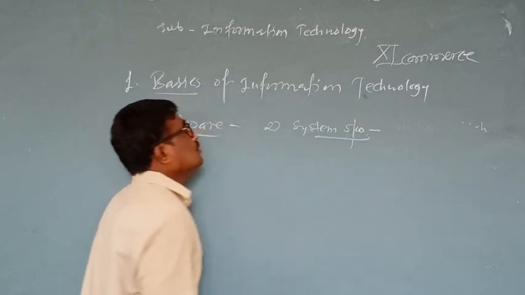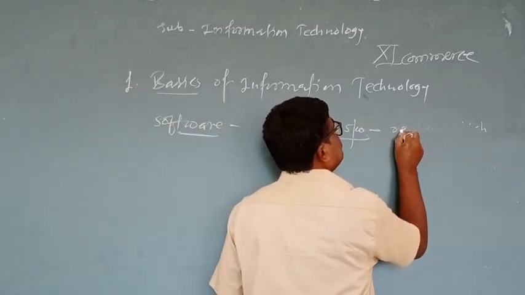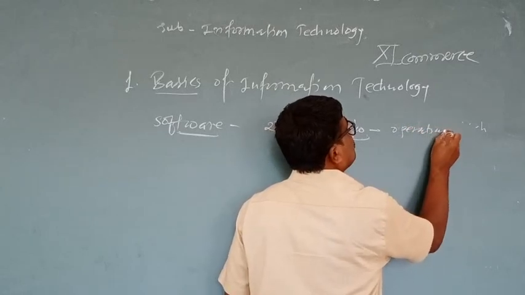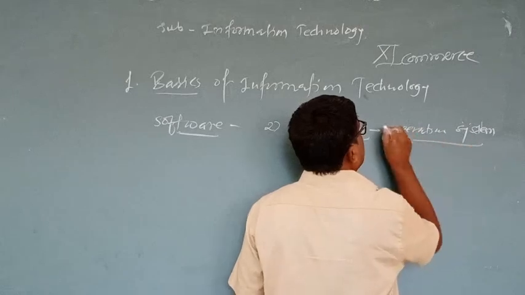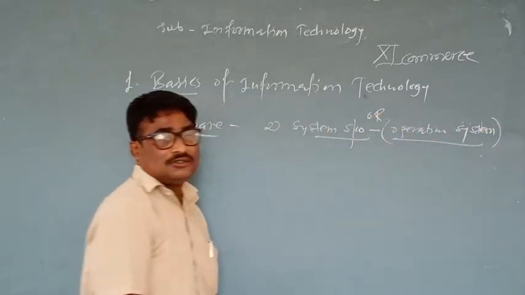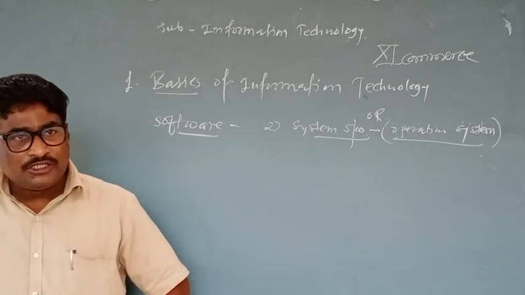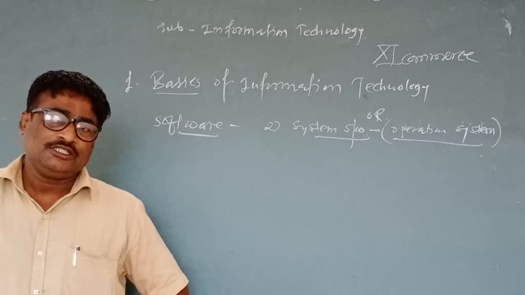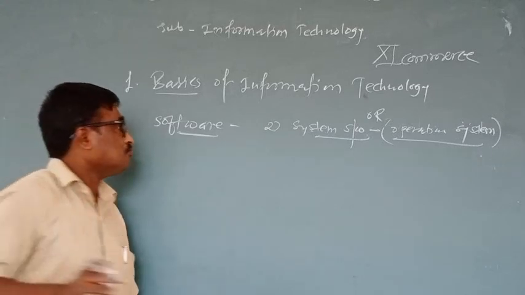Okay, system software is nothing but the operating system. System software, the software which is related to the system is called as a system software. For example, any operating system.